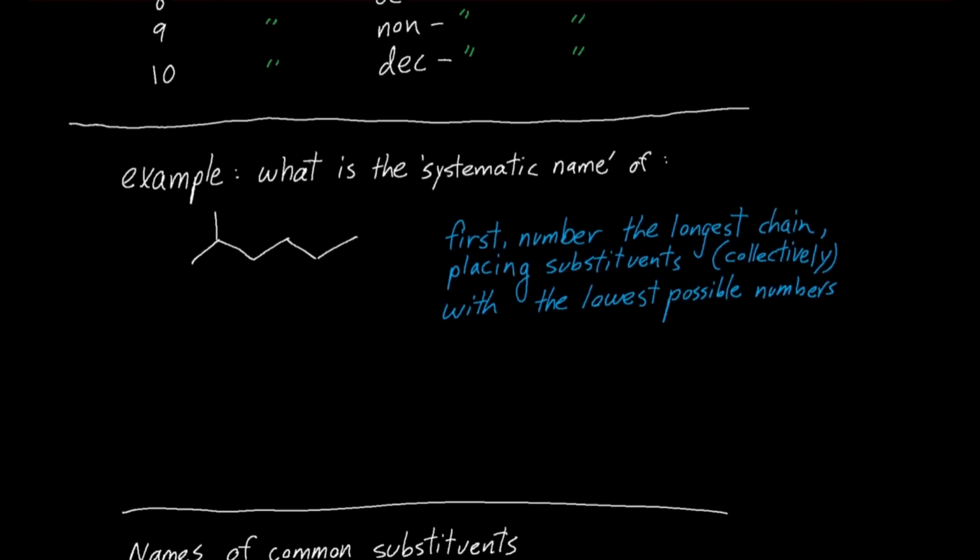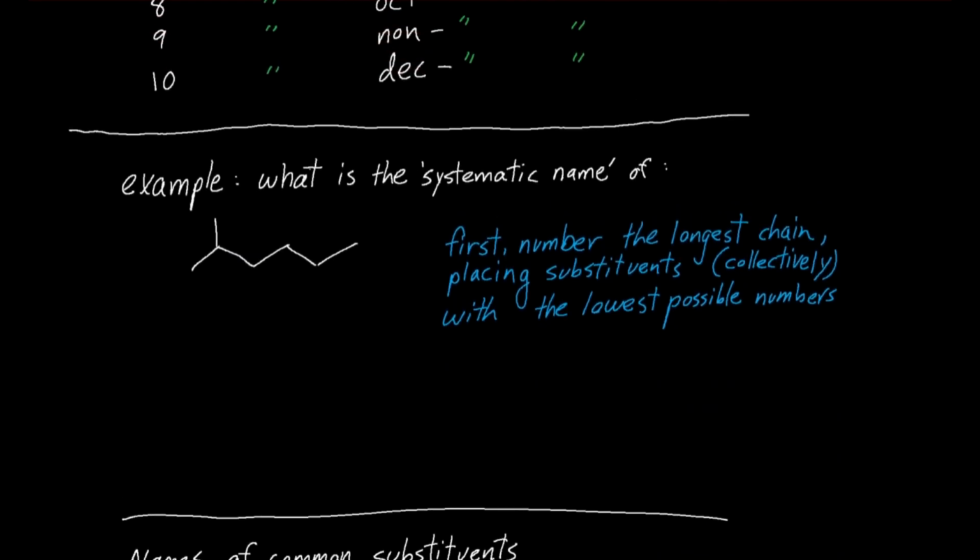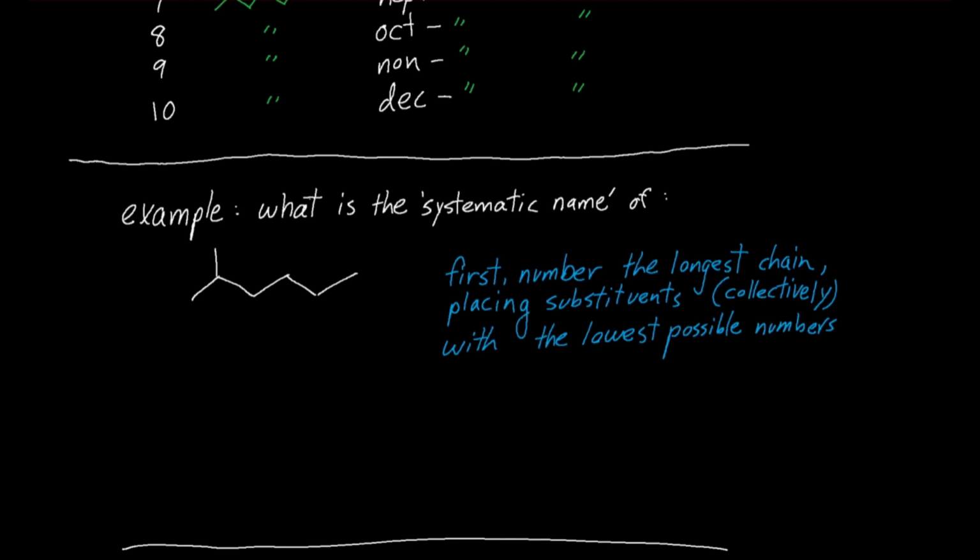So here's an example of naming. What is the systematic name of this structure? And so the first task is to find the longest chain of carbons, find it, number it, and then decide on the substituents. And if there are multiple substituents, give them collectively the lowest set of numbers.